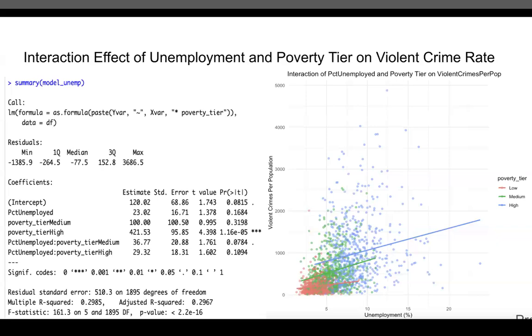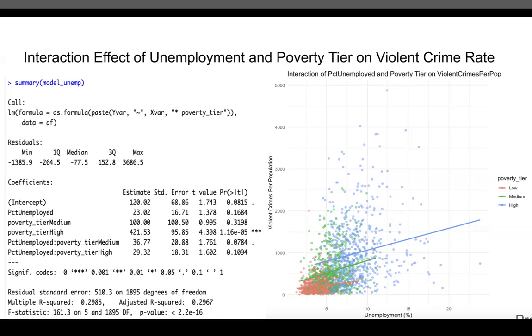So first we look at the summary of the model. We can see that the estimate, which shows us the direction and magnitude of the effect, is about 421.5, which means that violent crime rates are 421 points higher compared to lower poverty areas, holding other factors constant.